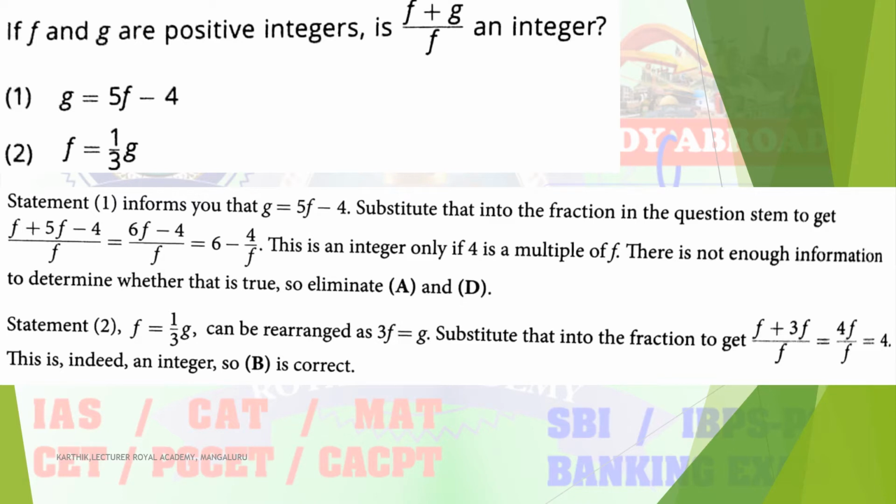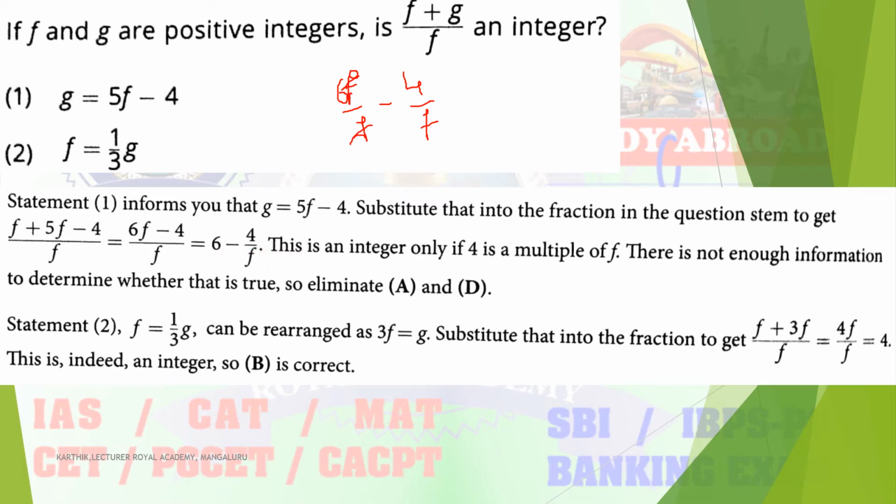Here the f's cancel each other. The remaining thing is 6 minus 4 divided by f. Since it has a common denominator, you split it into two.